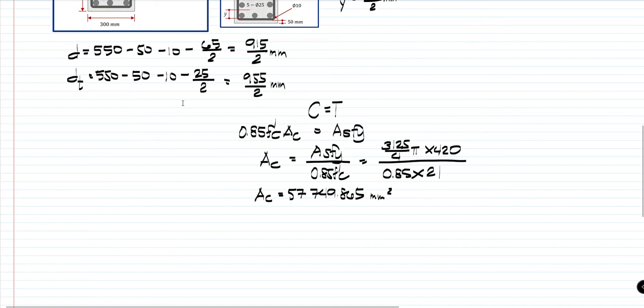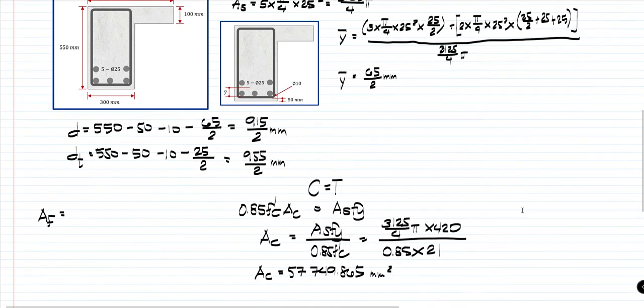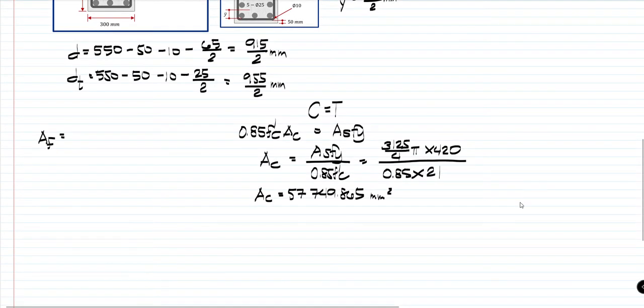Now, to determine if our depth of compression block is within the thickness of the slab or magiging irregular shaped beam siya, kailangan natin kunin yung area ng flange. And the area of the flange will correspond to the effective flange width multiplied by the thickness of the slab. So that will be 550 times 100.